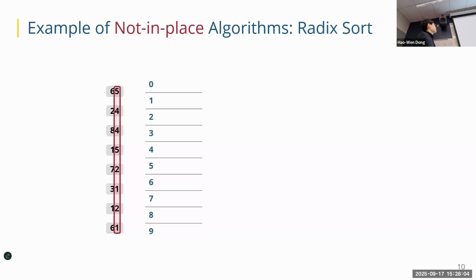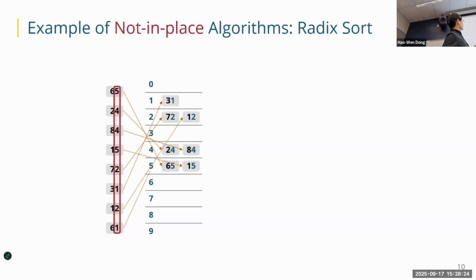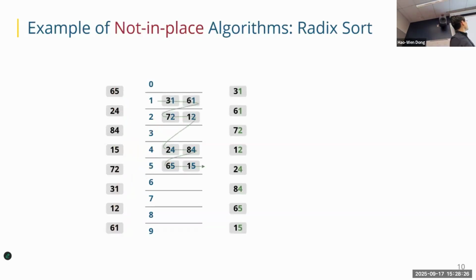So you can basically just have 10 buckets, 0 to 9, and you look at the rightmost digit, and you just put the numbers into different buckets, in whatever order that you see them. So now you see 24, 84, 65, 15.